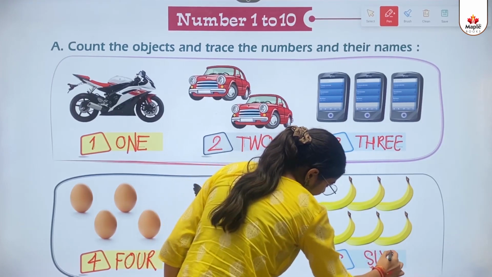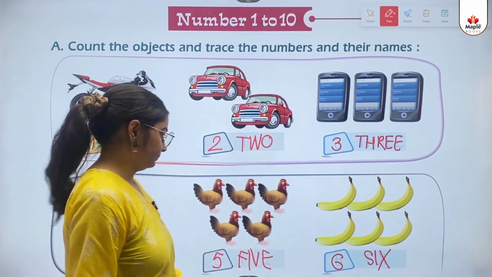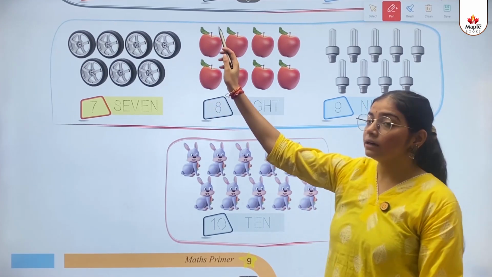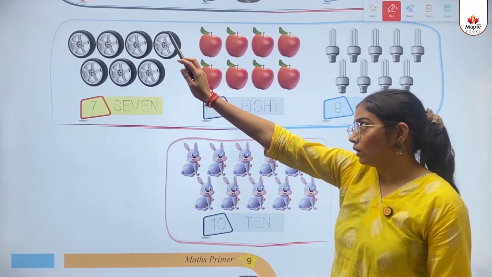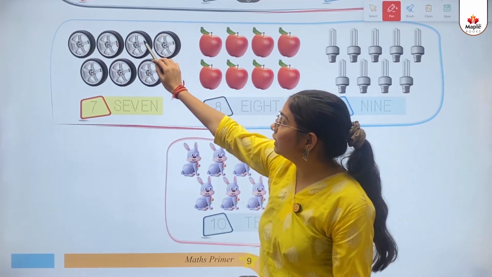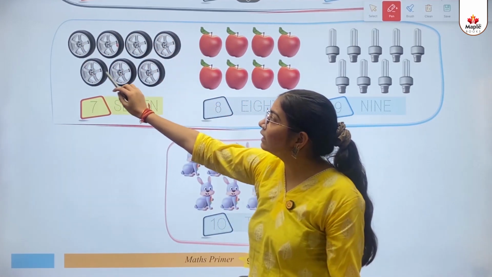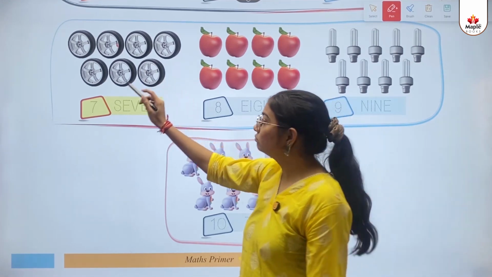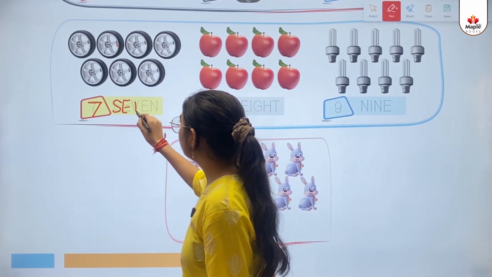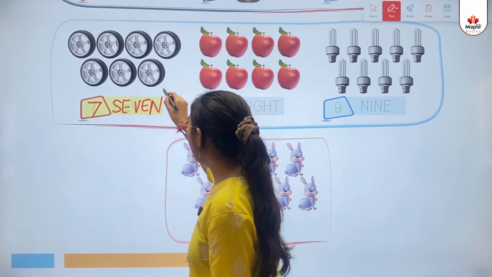S I X. 6. Then kids, as you can see, there are 7 tires given. We can count also. 1, 2, 3, 4, 5, 6, 7. 7. S E V E N.